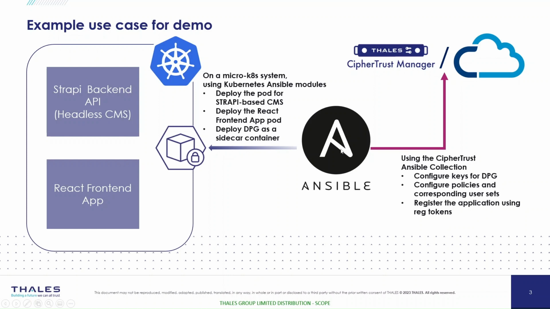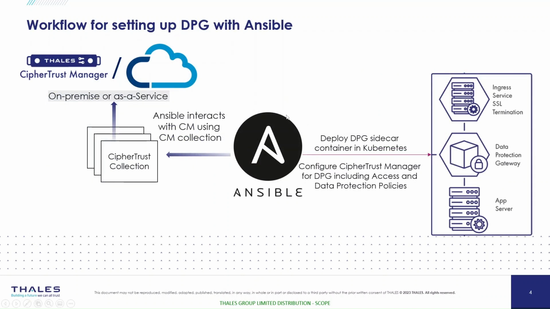And we also saw in another video how we can configure CipherTrust Manager for the keys and policies that will allow DPG to act accordingly and protect the data which is traveling on JSON. In this, we are going to perform all those actions using the Ansible collection. So the process of setting up the protection policies and access policies, everything through the Ansible collection itself.